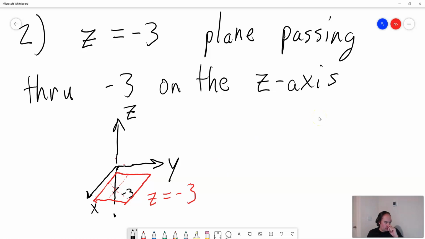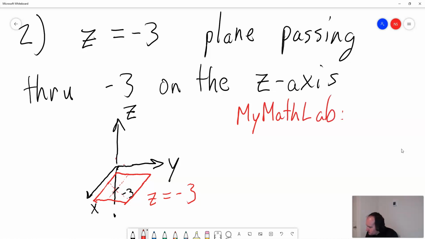So how do we draw this with a cube from MyMathLab? Once again, you sketch a cube, and the cube just has a little portion of your drawing. So here I sketch a cube, and for the cube, we're going all the way to 6 and -6.